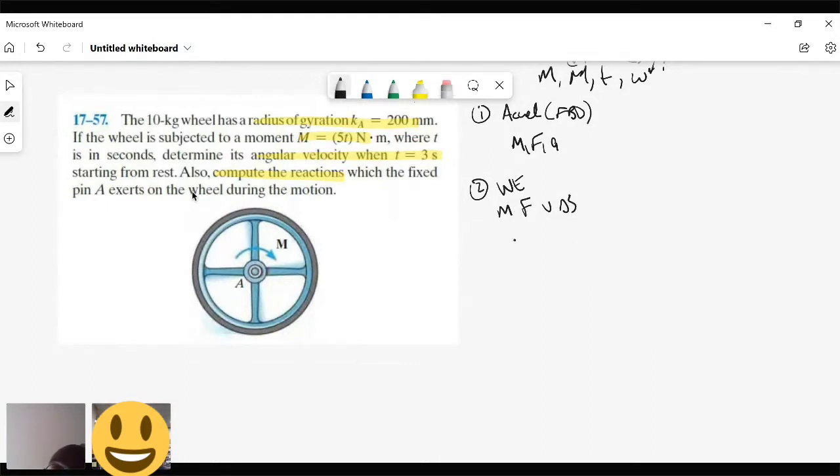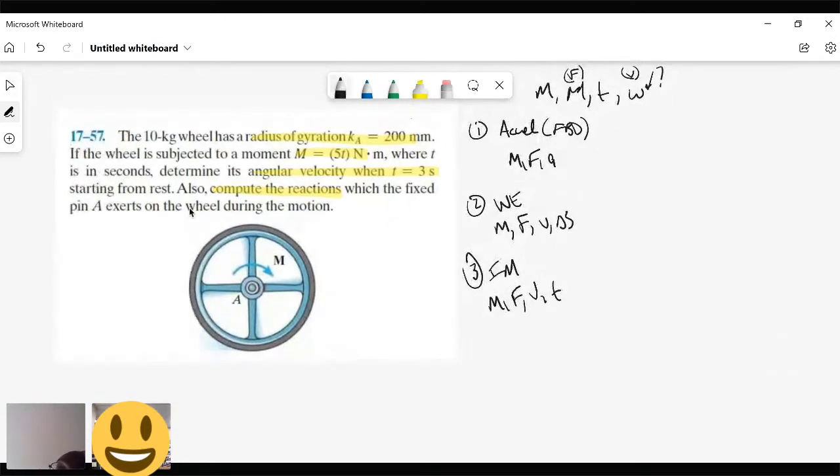And lastly is impulse momentum. Impulse momentum uses mass, force, and velocity, just like work energy, except it uses time instead of distance. If you think about that, and relate the variables to kinematics, the kinematics variables are change in position, velocity, acceleration, and time. Look at each one. It's really convenient.